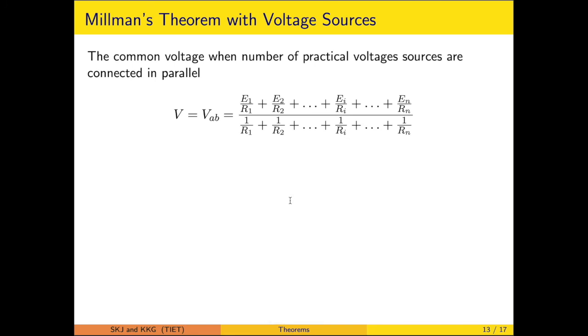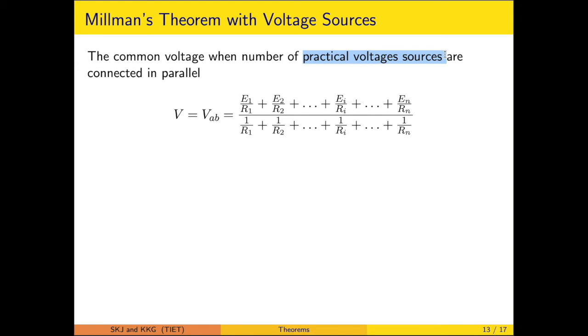If a number of practical voltage sources are connected in parallel, the equation is governed by this. Please be mindful when we say practical voltage source. It consists of an internal voltage, designated as E1, and a corresponding series resistor, R1, for the first source.